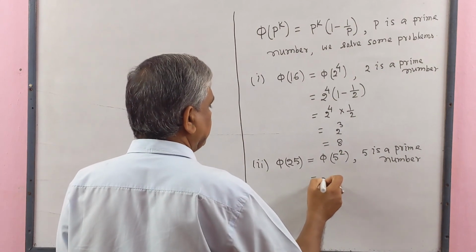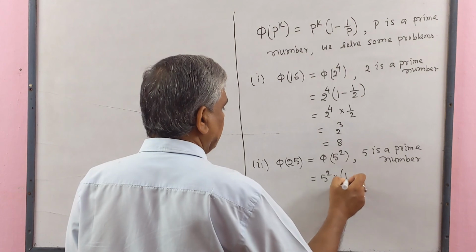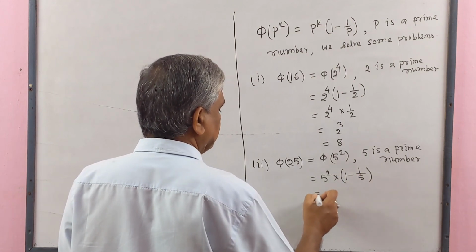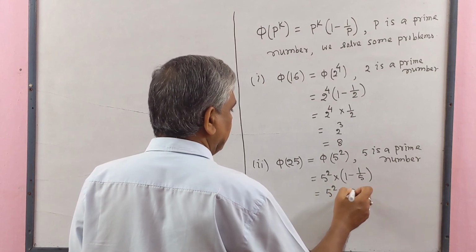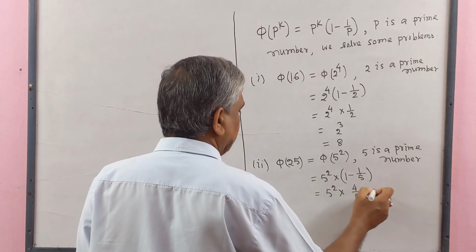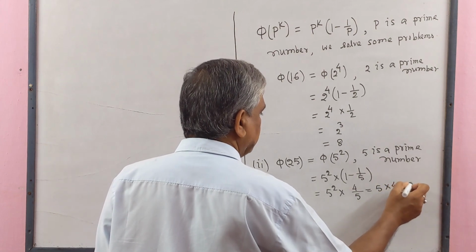And this will be equal to 5 square multiply (1 minus 1 by 5). This equals 5 square multiply 4 by 5, which equals 5 multiply 4, equal to 20.